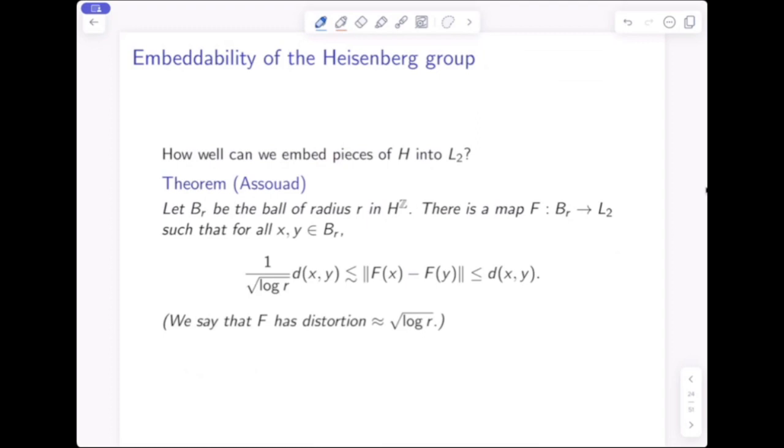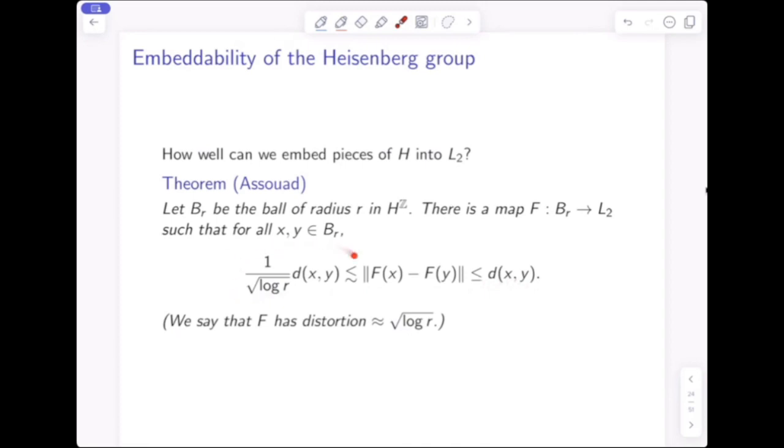And this comes partly from a theorem of Assaf, who showed that there is a map f from that ball of radius r to L2, so that for any 2 points x and y in the ball, the distance between f of x and f of y is at most the distance between x and y. So this map doesn't increase any distances between points, and it's at least 1 over root log r times the distance between x and y.